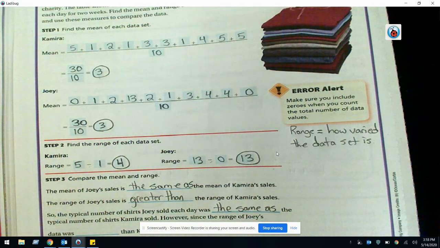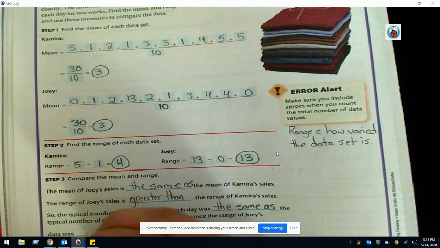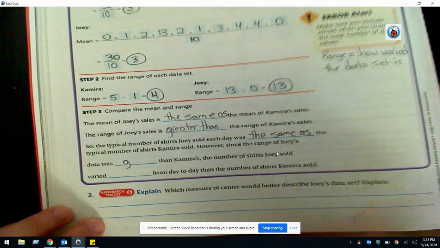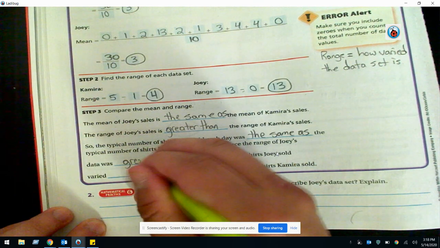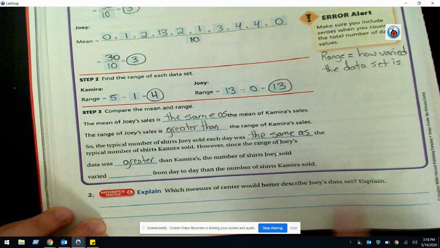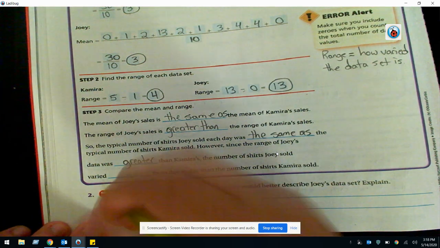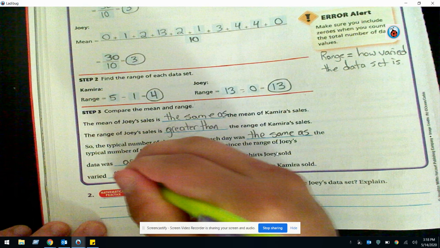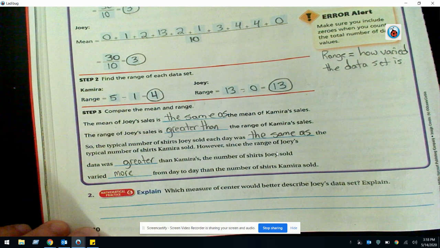However, since the range of Joey's data was greater than Kamira's, the number of shirts Joey sold varied more from day to day than the number of shirts Kamira sold.